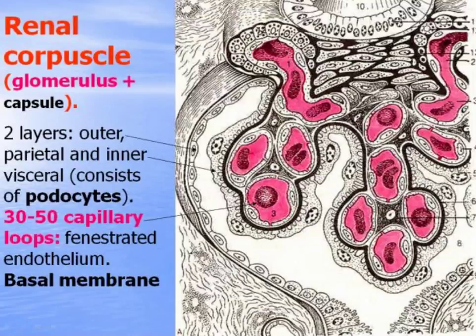Blood capillaries are lined by fenestrated endothelium, and this black line is the basal membrane located between endothelial cells and podocytes. It's a common basal membrane.